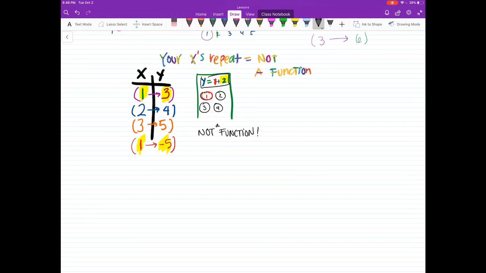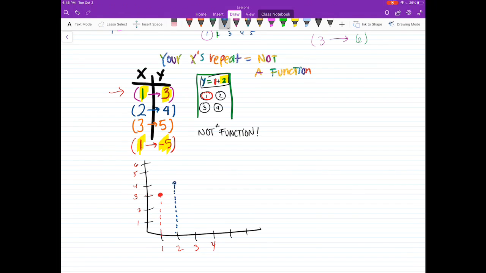You know why? Let's draw this. Let's sketch this graph. 1, 2, 3, 4, 5, 6. Let's go ahead and map. 1 goes to what? 1 maps to 3. 2 maps to who? 4. 3 maps to what? 3 maps to 5.